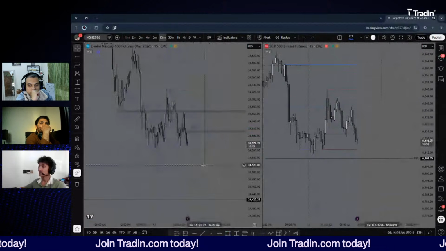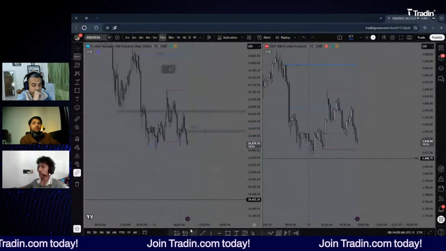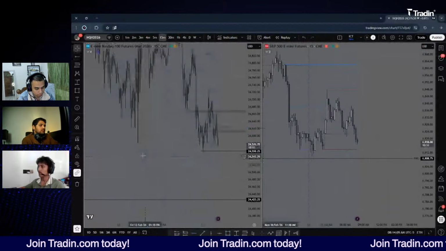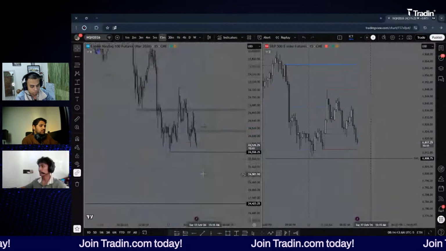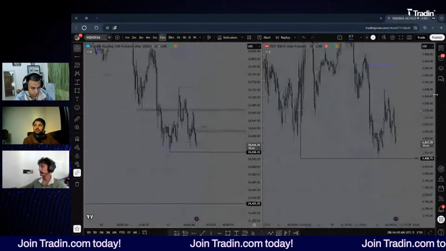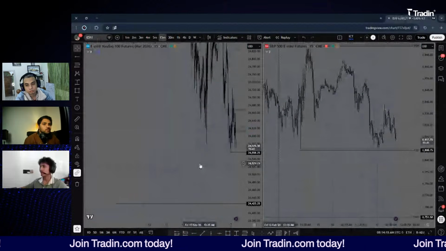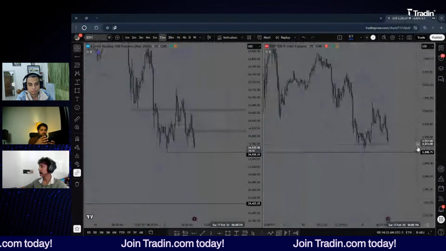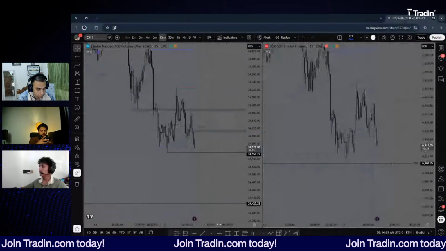Then I could take a scalp, one-to-one risk-reward ratio trade after sweeping this low, because if you have an SMT, a quick scalp to one-to-one is going to be very easy. So it's simple. It's not that complicated for me. I don't complicate the bias. I think the easier and the cleaner it is, the better for you to trade.